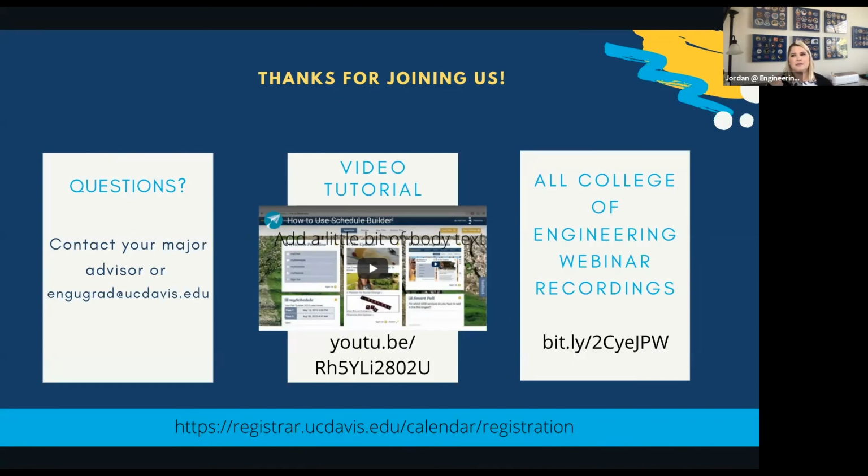If there's any conflicts with those classes that were identified as priorities, I think it's important to remember that you do have many quarters at Davis to have a truly awesome educational experience. And so we want you to consider all of the prerequisites that go into your major. Moving a prerequisite course means that it may have a ripple effect on the future courses that you take for your major, or to achieve different goals.